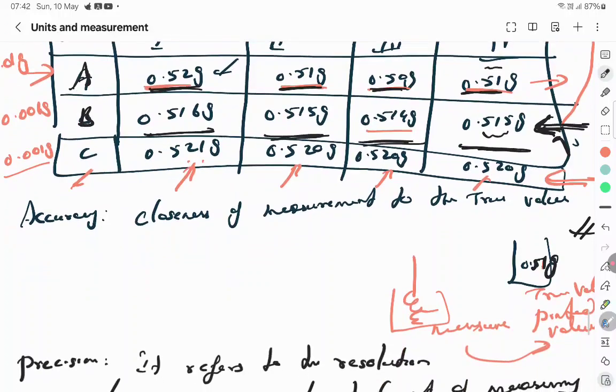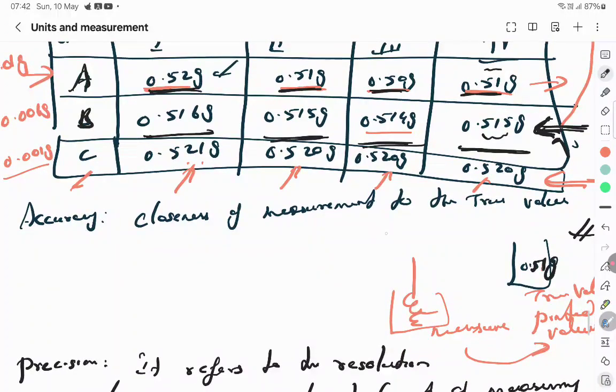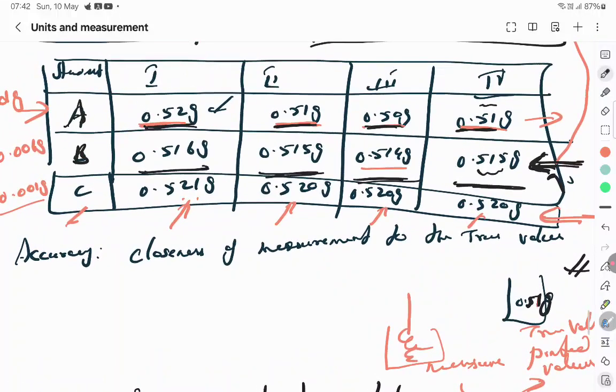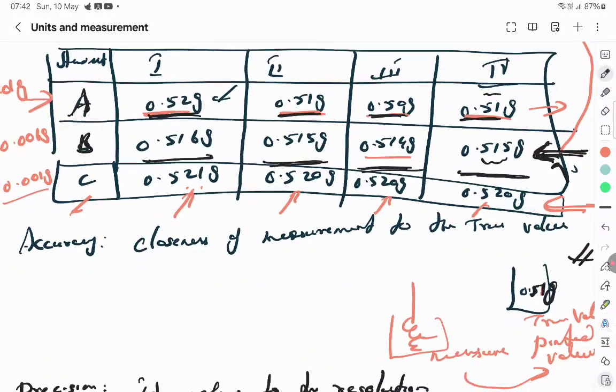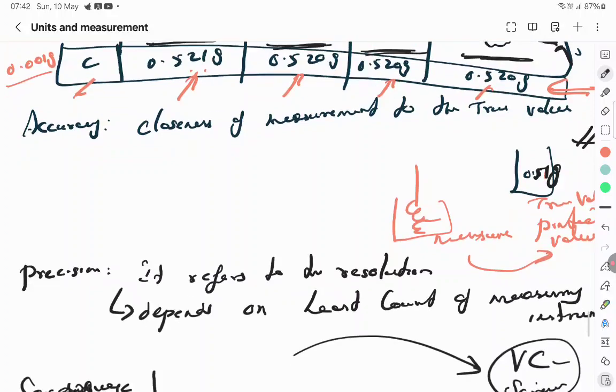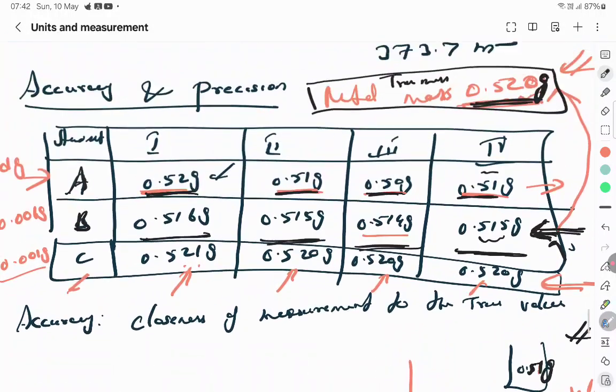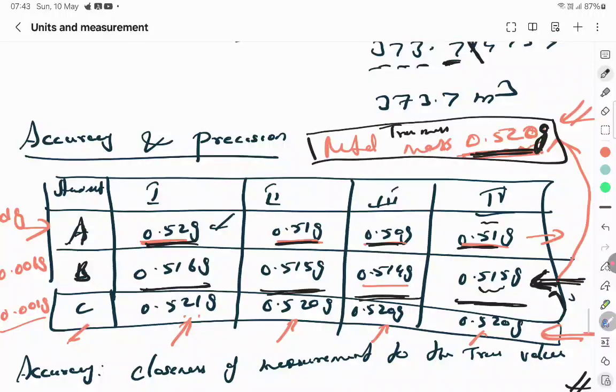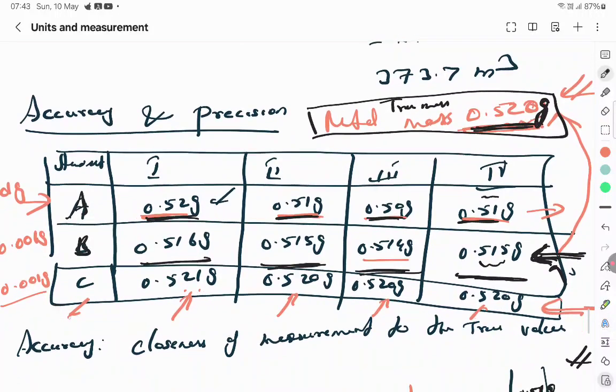And accuracy is the closeness of the measurement to the true value. The closest it gets to the true value is known as accuracy. And precision depends on the least count of the measuring instrument. So the reading which is both accurate and precise is the one made by C, because precision needs 3 digits, and it is also closest to 0.520.